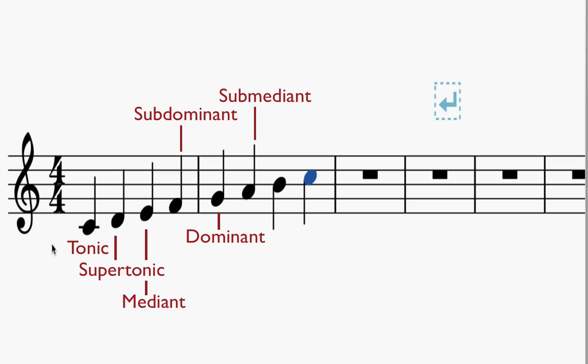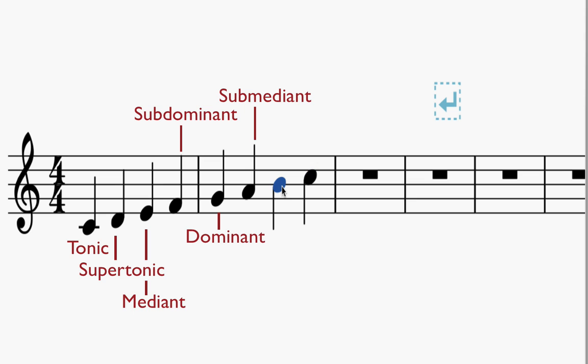Because remember, this is tonic and this is tonic. These are both C's, so this is tonic also. So this is 3 above, we call it the mediant. 3 below, we call the submediant, right? So it's kind of like the undermediant, and this is the overmediant. But don't ever use those words in any kind of music theory class because you would fail. Submediant is what we call that. Okay?